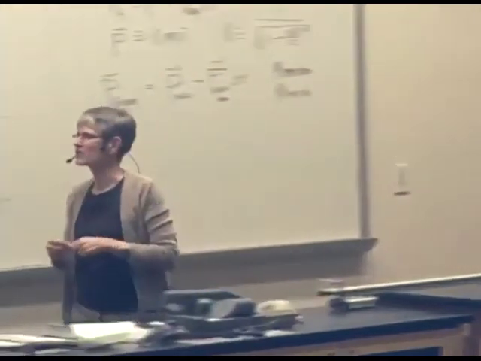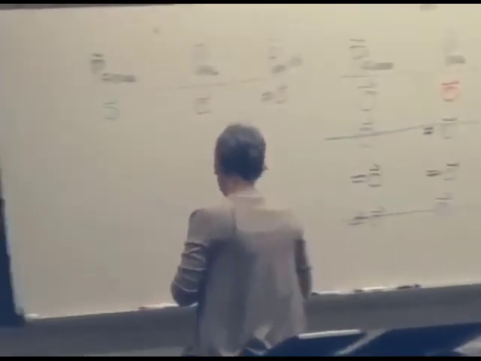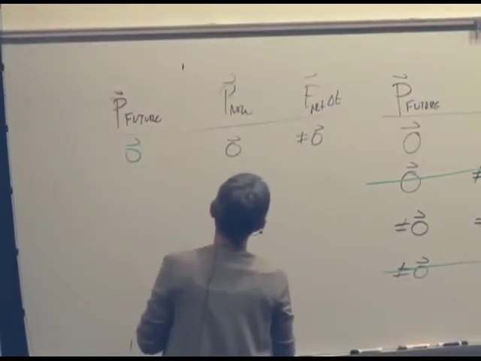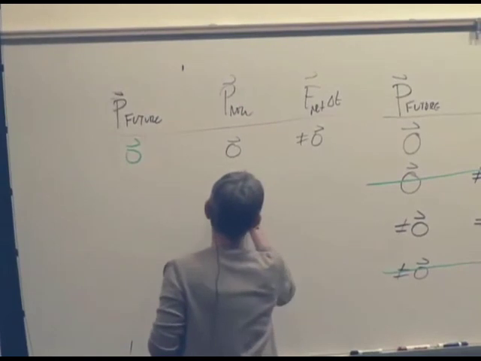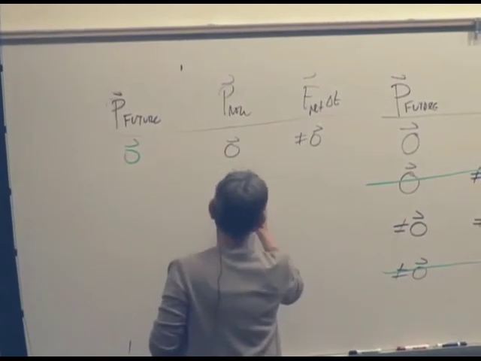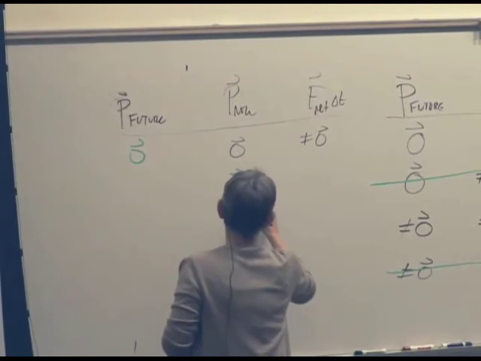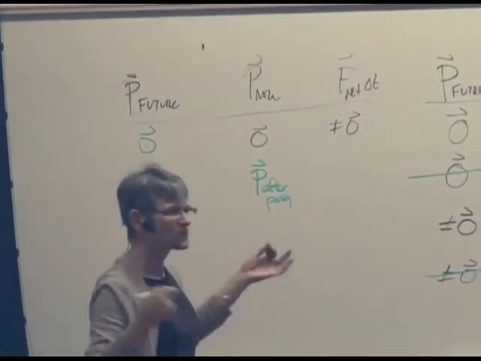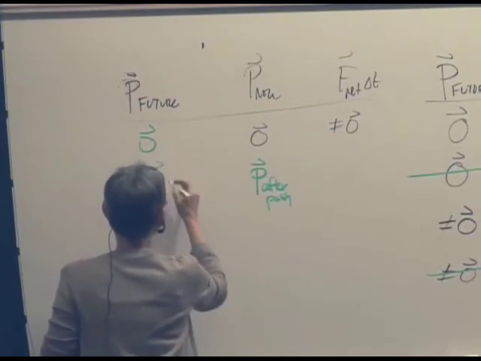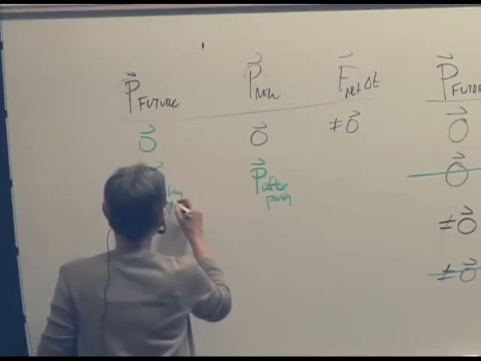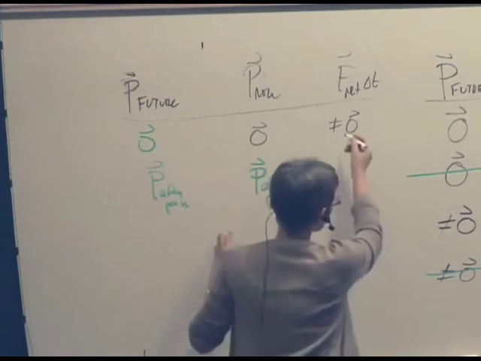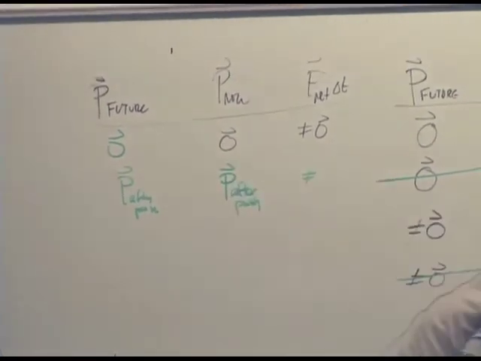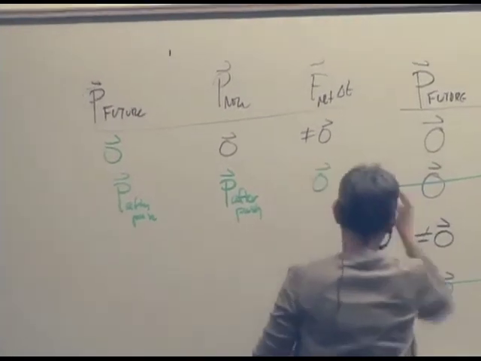But if there were no friction, it would be the case that it started with some momentum P after the push, and a second later it had nearly the same momentum. And so that suggests that the net force must actually have been 0 during that time.